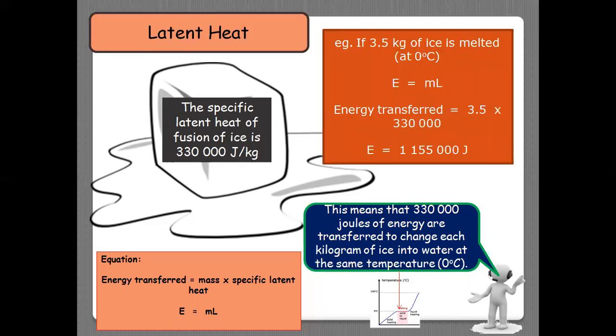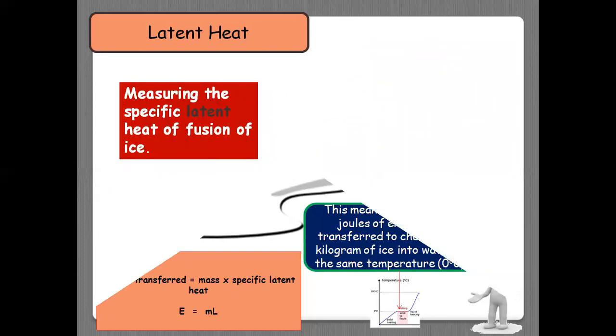For example, if we have 3.5 kilograms of ice melted at 0 Celsius, E equals ml. The energy transferred equals the mass, 3.5 kilograms, times the specific latent heat, 330,000, so the energy supplied is 1,155,000 joules. This is the solution of this example.